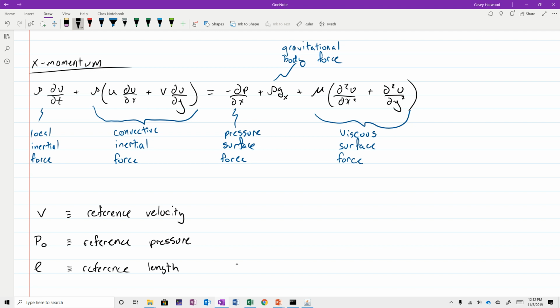The choice of these depends entirely upon the problem being considered. If you have a flowing fluid, it may be the free stream velocity of the fluid. This could be atmospheric pressure or vapor pressure, and this could be, for example, the length of some object submerged in a flowing fluid.